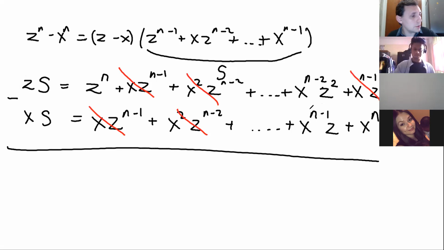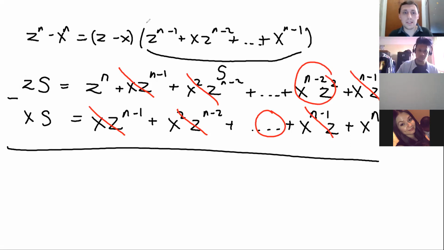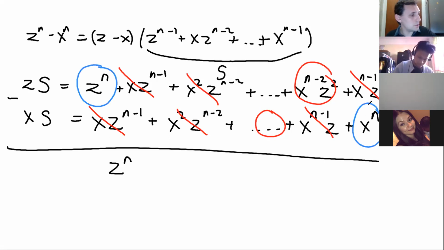This term will be canceled by something that would be here. So everything is canceled except for z to the n, and this is what remains. So the result is z to the n minus x to the n.